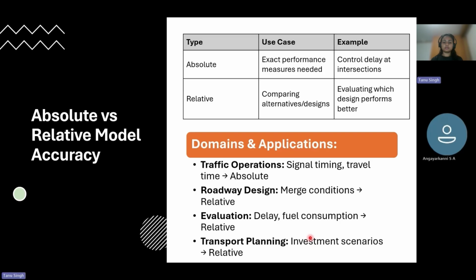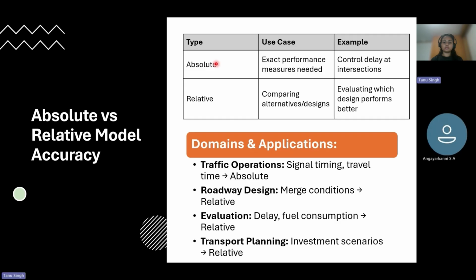Absolute accuracy is critical when we need exact numbers, like control delay at an intersection, whereas relative accuracy matters when we are comparing alternative strategies such as different roadway designs or signal plans. So we do not need exact performance measures. We just want the model to correctly rank which design performs better than the others. In that condition, we use relative accuracy, whereas if we need the exact numbers, we use absolute accuracy.